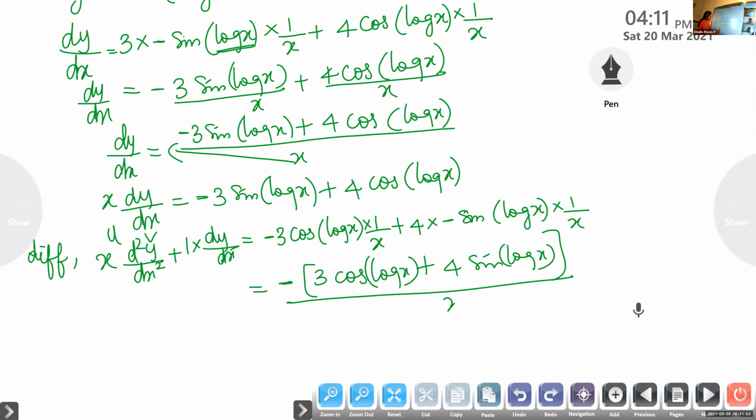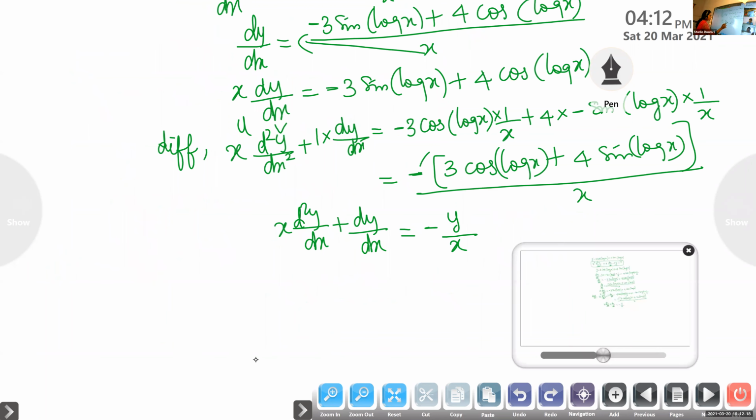This is same as, look at here, is it same as y? 3 cos of log x plus 4 sine of log x, look at the function y. Is it the same function y? So we can write this as y by x. So x d square y by dx square plus dy by dx is minus y by x. Next step, you cross multiply this x.